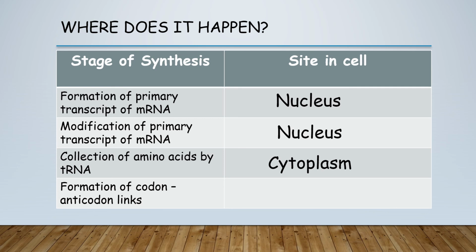So tRNA takes them from the cytoplasm, and the formation of codon-anticodon links, again, that happens in the ribosome. So that's something to be very clear at. So mRNA, its formation and its modification happen in the nucleus. The amino acids are in the cytoplasm, they're collected by the tRNA, and those codon-anticodon links and the polypeptide links, they are happening in the ribosome.